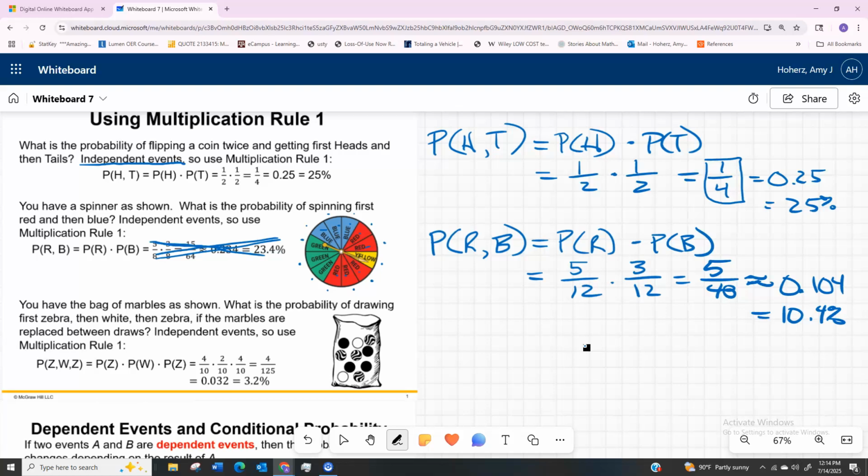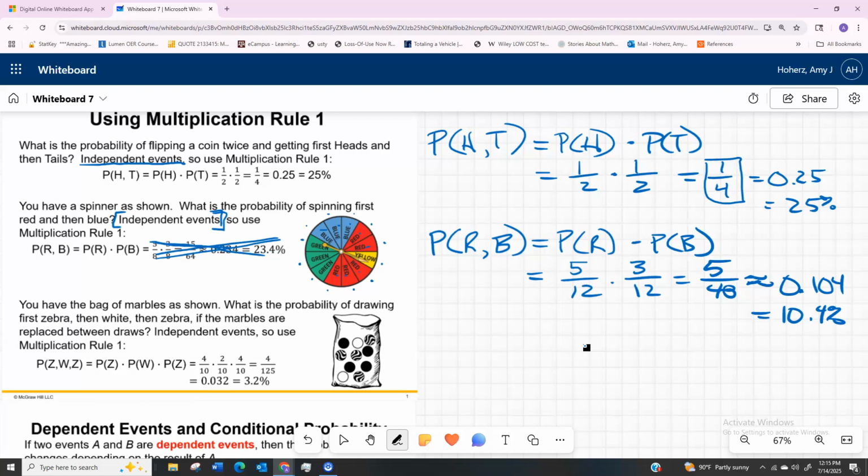Okay, so our last example of using the multiplication rule with independent events, and I didn't emphasize this on this one, but let's go back and emphasize it. With the spinner, as long as you're giving it a good spin, and the spinner is a fair spinner, it's not, you know, unlevel or something like that. If the spinner is a fair spinner, each time we spin that spinner, we have the equal chance of landing in any of these spaces.